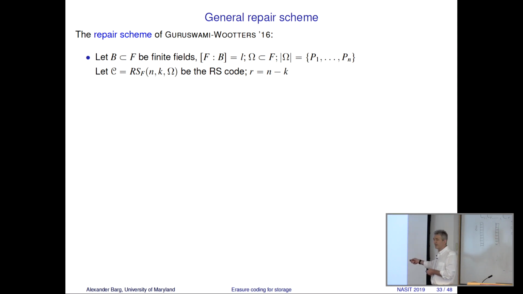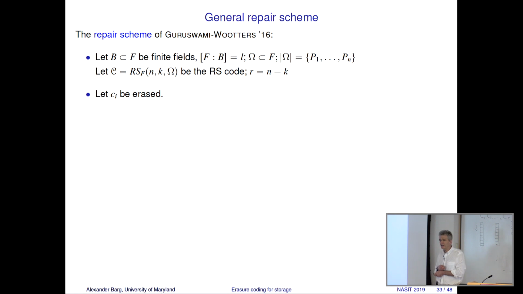Let us say that the extension degree 4 is now L. Omega is a subset of points in F, so those are the evaluation points for the Reed-Solomon code. The Reed-Solomon code of length n and dimension k over F is obtained as evaluations of all polynomials of degree up to k minus 1 at the points p1 to pn. The number of parities is n minus k.